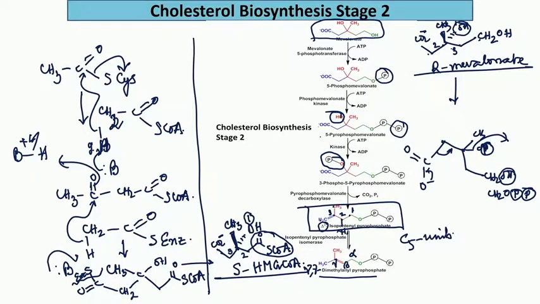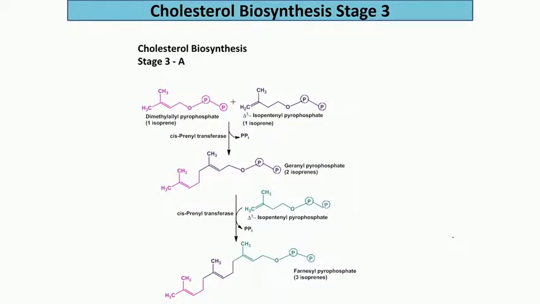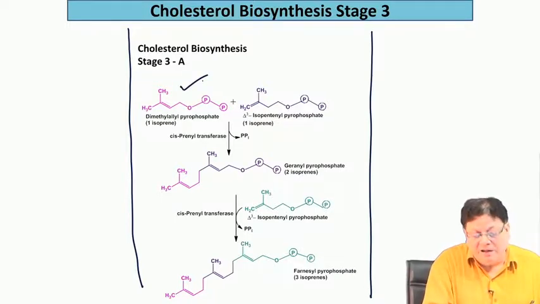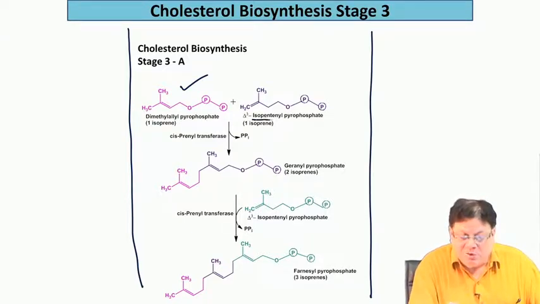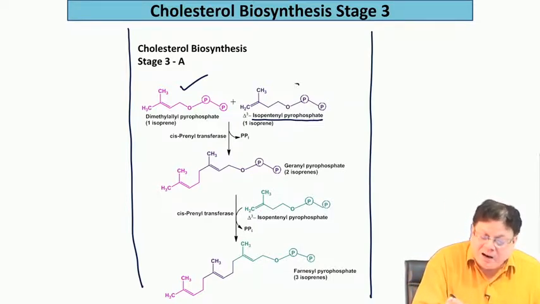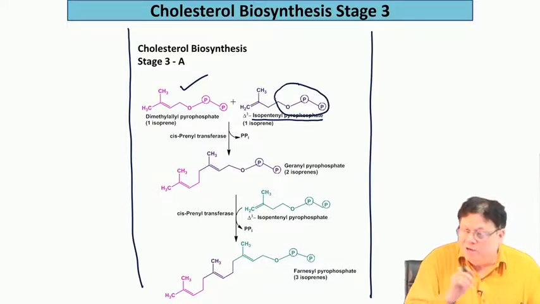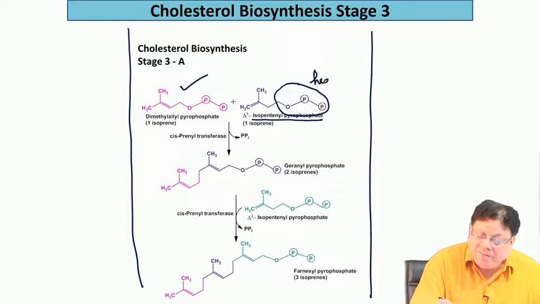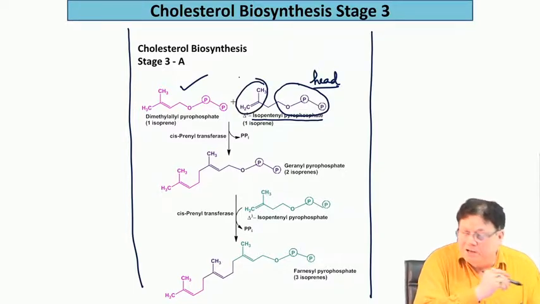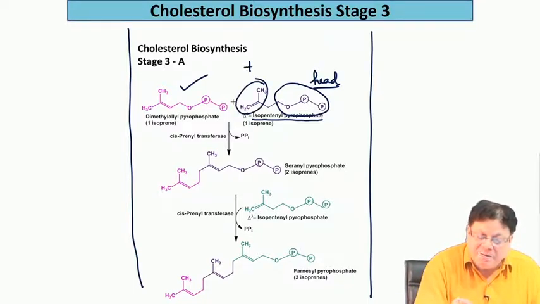Now, these C5 units, before we go to the next session, I will finish up here by saying that these 2 units, this is gamma-gamma dimethyl allyl pyrophosphate, and this is isopentenyl pyrophosphate. Now, first of all, you have to identify the part where the functional group or the polar moiety is present, that is what is called the head group, and where the non-polar or lipophilic part is present, that is called the tail.